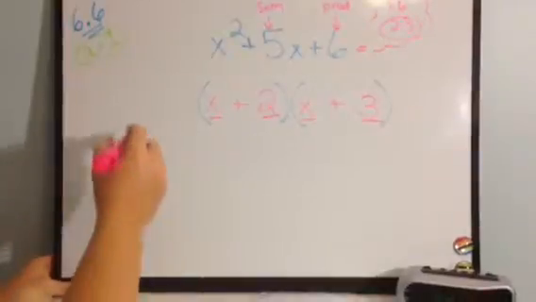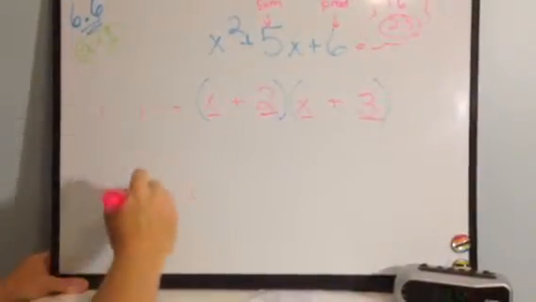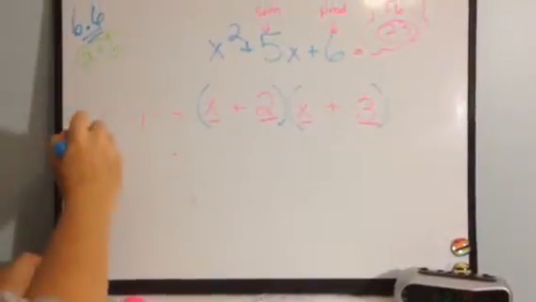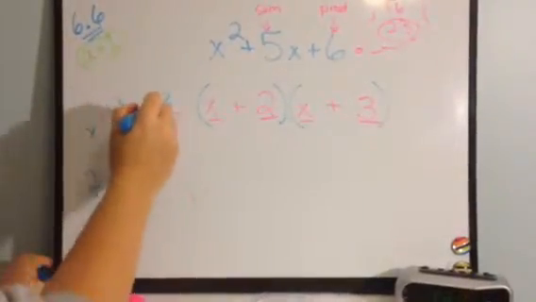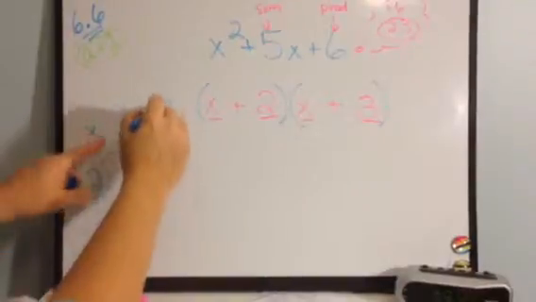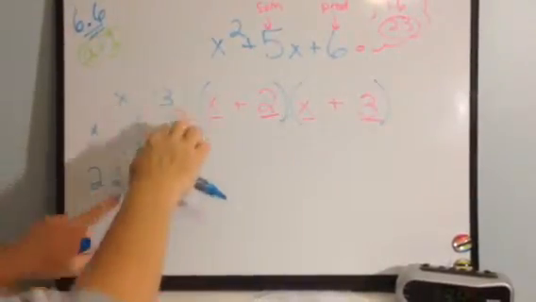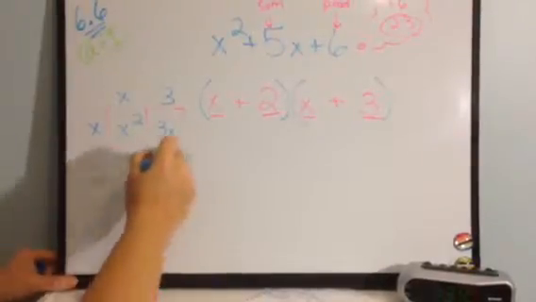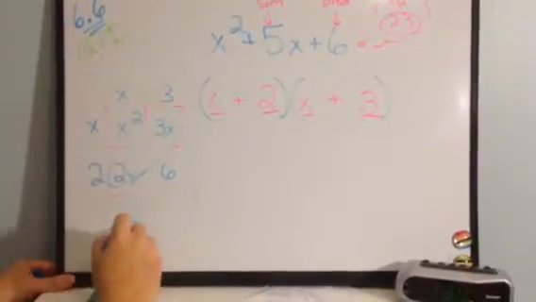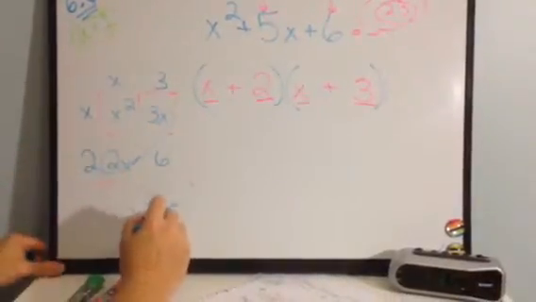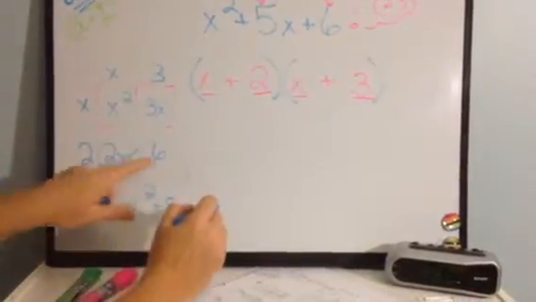If I want to check myself, I certainly can. I can do that box method, and I can box it out to where I have an x and a 2 and an x and a 3, and I end up with x squared. 3 times x gives me 3x. X times 2 gives me 2x, and 2 times 3 gives me 6. I'm going to combine my like terms there, so I end up with x squared plus 2x plus 3x gives me 5x plus that 6.